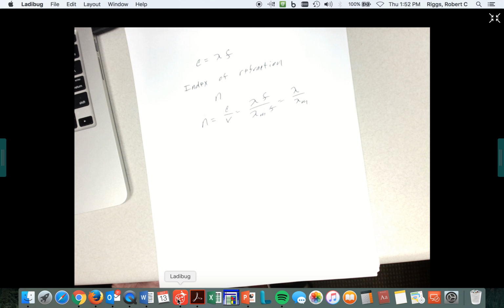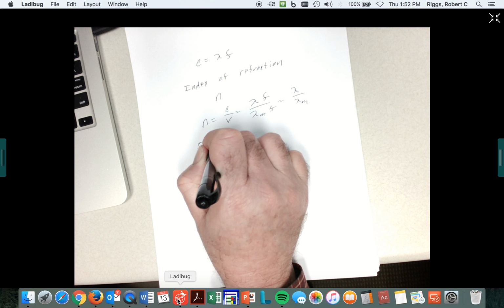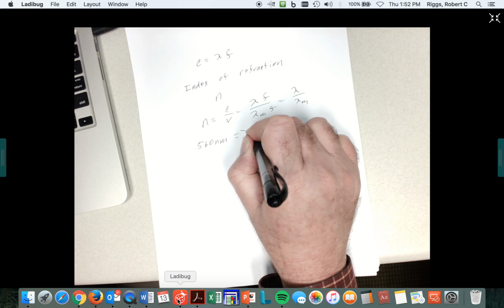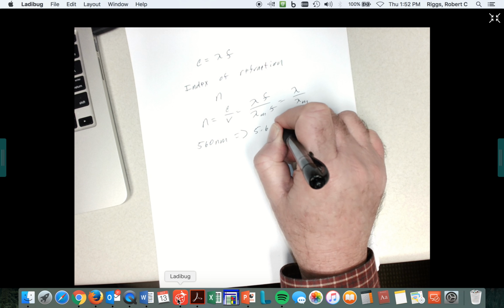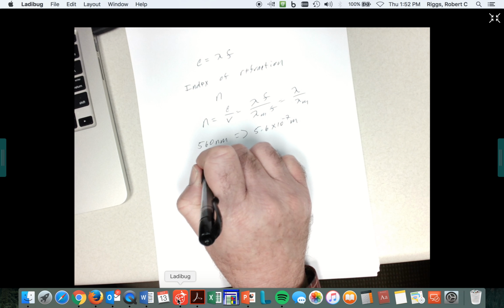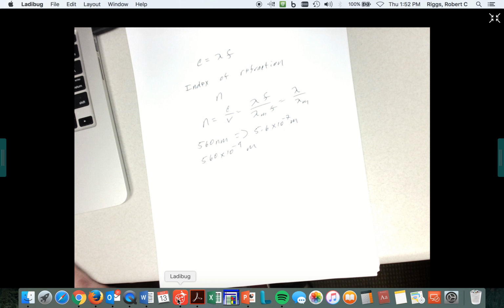We're going to have to get used to dealing with something like 560 nanometers. That can equal either 5.6 times 10 to the negative 7 meters, or 560 times 10 to the negative 9 meters. Either one will work.